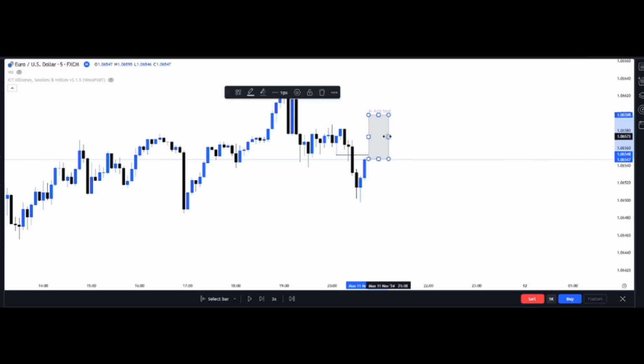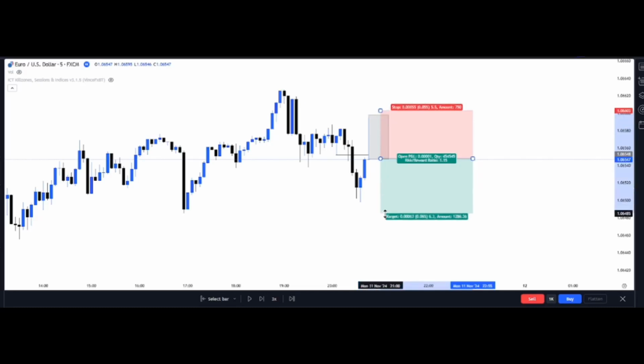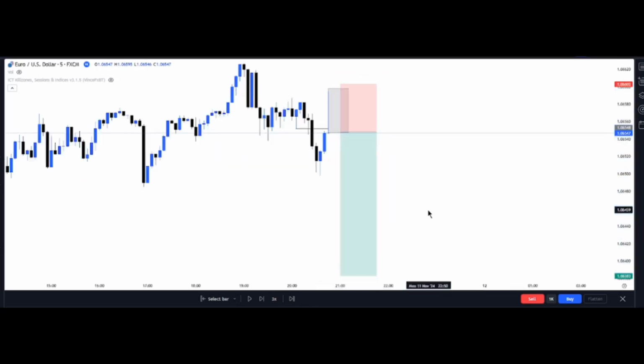So we want to wait for price to come back into it and take us lower. So we can frame our trade to go short from here by placing your sell order here, your stop loss just above, give a buffer, and our TP is minimum 1 to 3. So that's 1 to 3, guys.